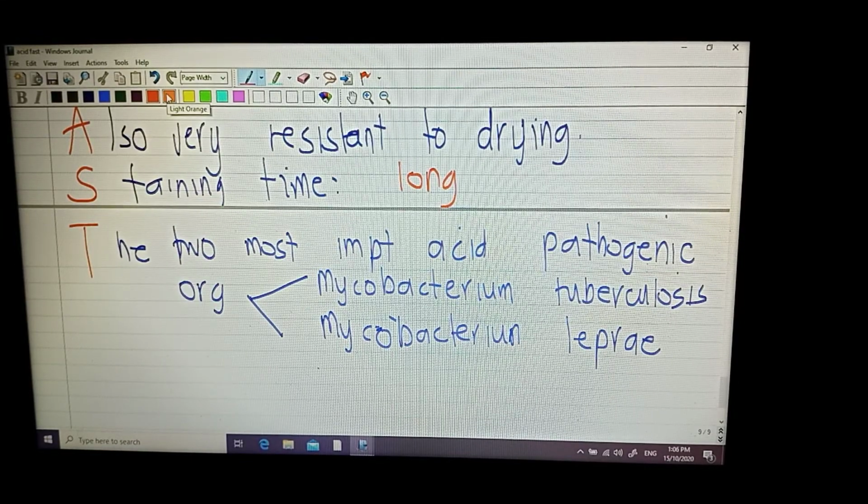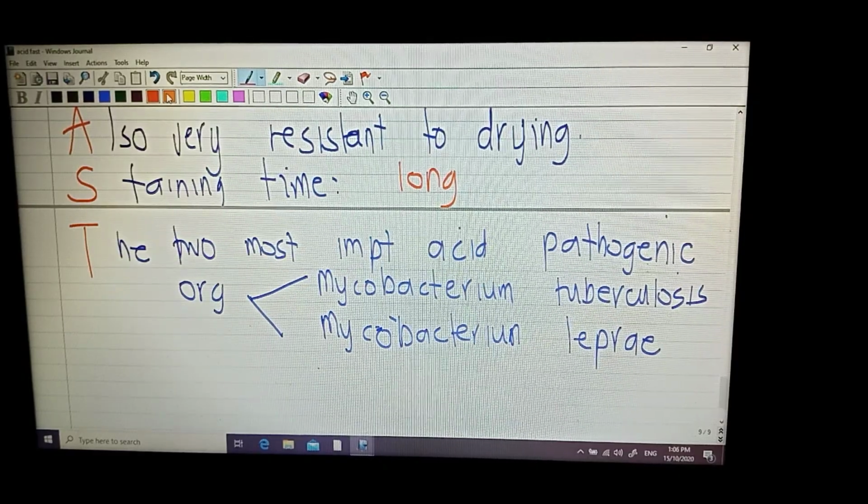Acid-fast staining of sputum from patients suspected to have tuberculosis is routinely carried out, and the presence of acid-fast bacteria is of course a diagnostic test.